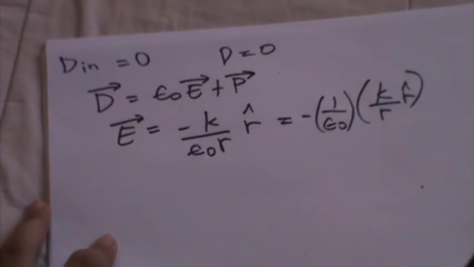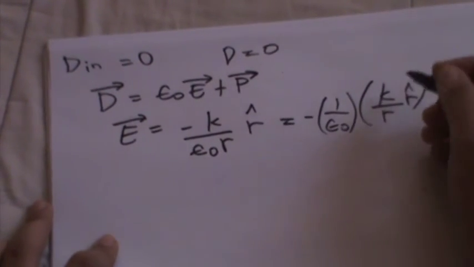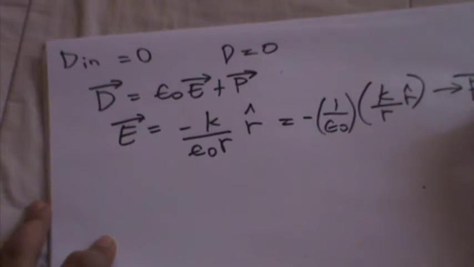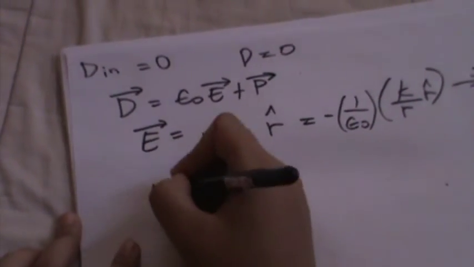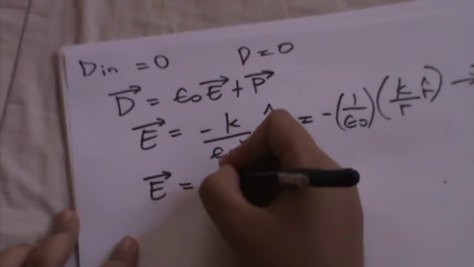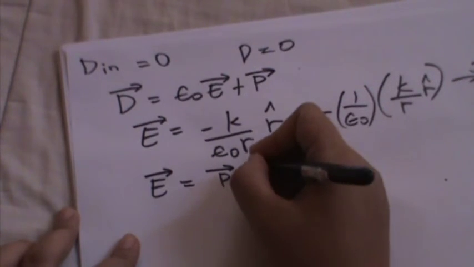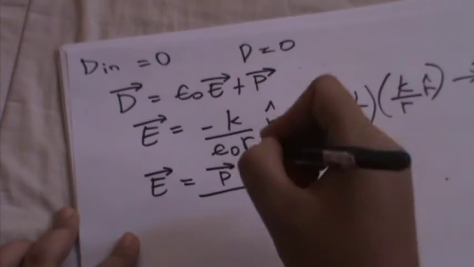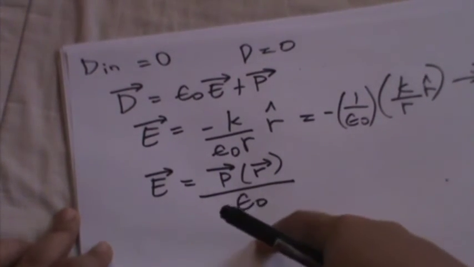If you recall the previous formula, this is equal to vector P. So we can conclude that the electric field's value is equal to negative vector P all over epsilon naught.